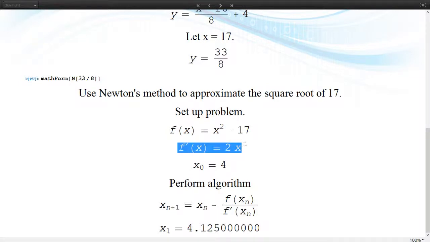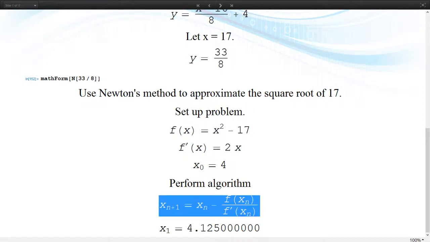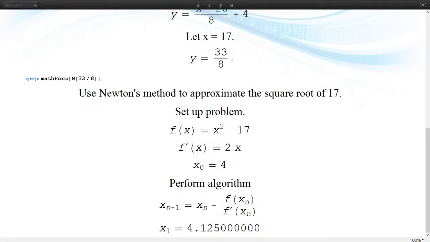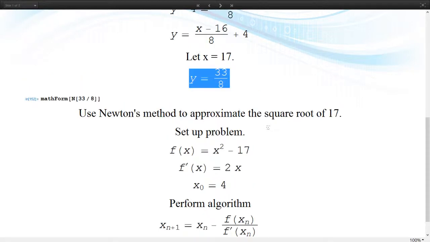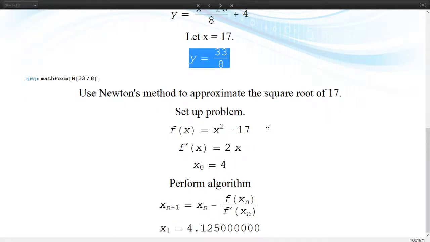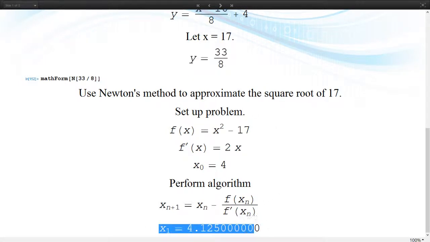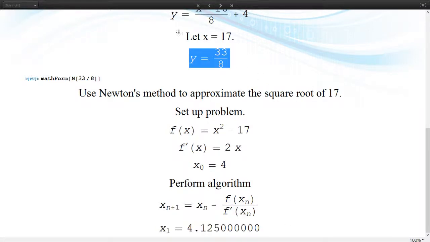And then 4 into the derivative gives us 8, so we have 4 plus 1 over 8, which is what our first approximation was here. It was 4.125. So our x sub 1 in Newton's method gave us the same answer as our linearization method did. But the benefit to Newton's method is we can now use this approximation to hopefully get a better approximation.